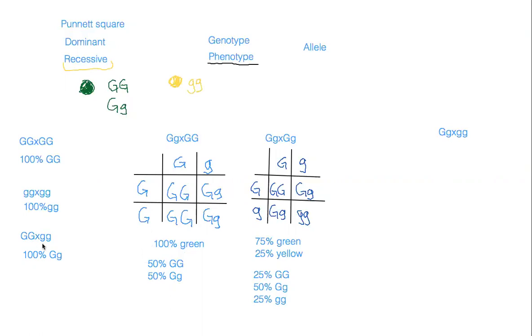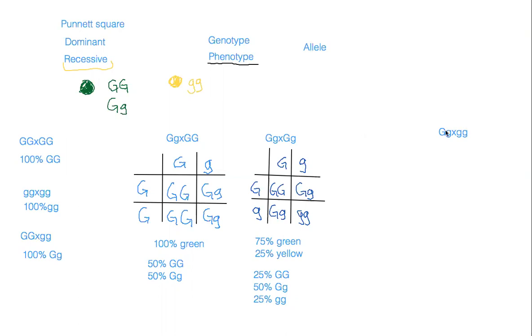In other words, if you combine a plant that only gives green peas with another plant that only gives yellow peas, the result will be a plant that will only give green peas. If later you combine these two, you will have something like this: 75% of them will be green, 25% will be yellow.